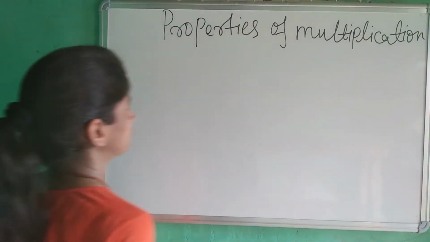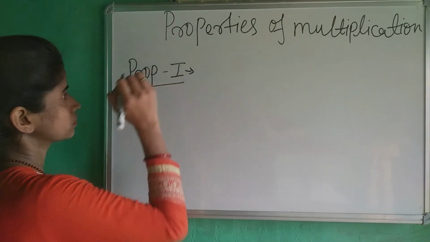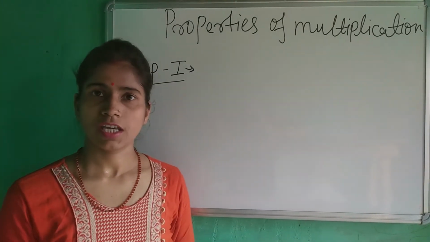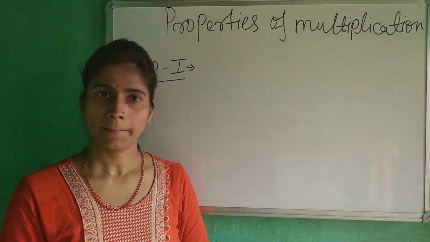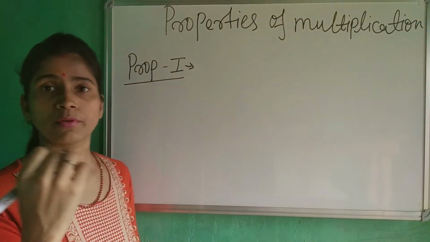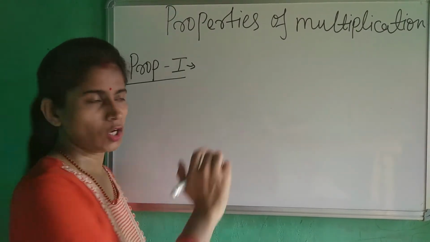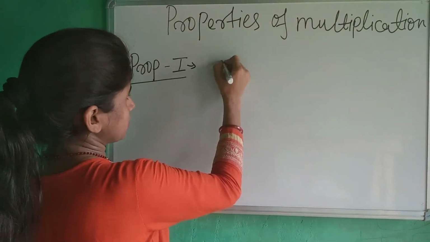Properties of multiplication. The first property is when you change the order of the numbers, the product will be the same. You can multiply in any order.